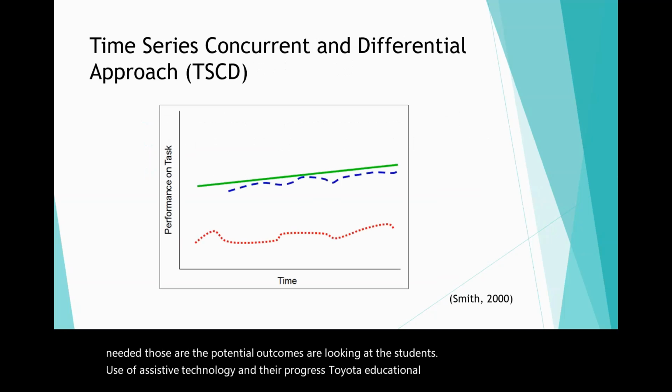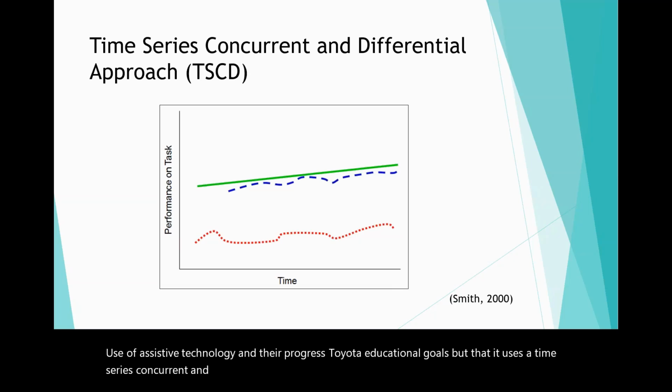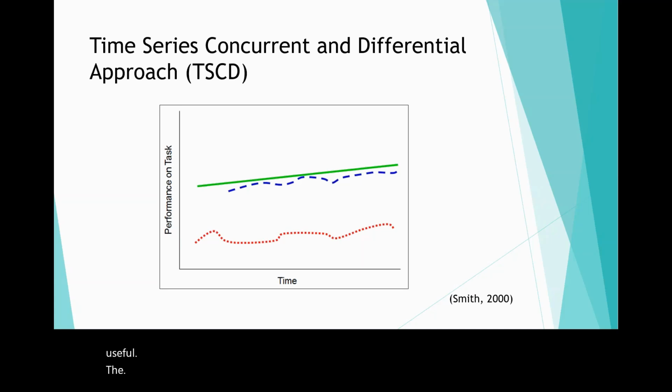The guide uses a time series, concurrent, and differential approach to looking at progress monitoring, which I found very useful. In this chart, the green line is the expected performance level of all students in this student's curriculum.